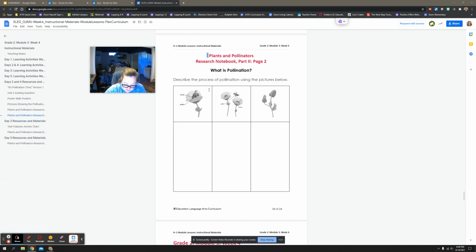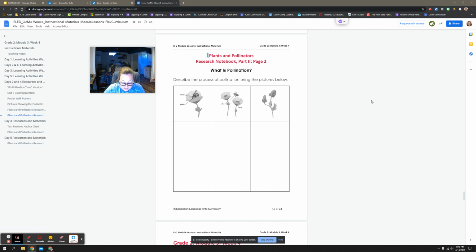And then I think he's going to fly over here to another flower, and the pollen that was stuck to the bee is going to rub off into the next flower and then pollinate that flower. And then the last thing that's going to happen is now a seed can grow, and you can start to see that seed grow.